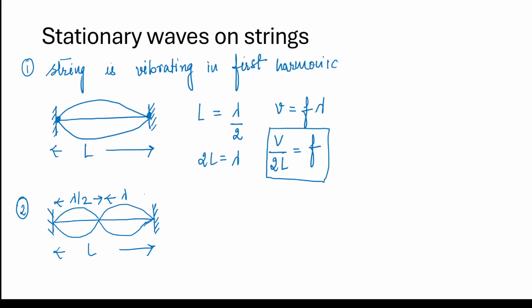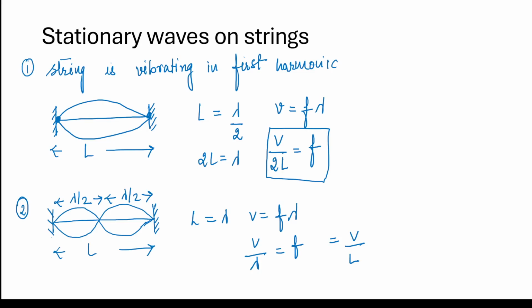If I use the same formula again, V equals F lambda, so the frequency in this case would be V over lambda, and lambda is here L. So the frequency is double this frequency. Here the frequency was V over 2L, now the frequency is V over L. It's double the first harmonic, so it will be called the second harmonic.